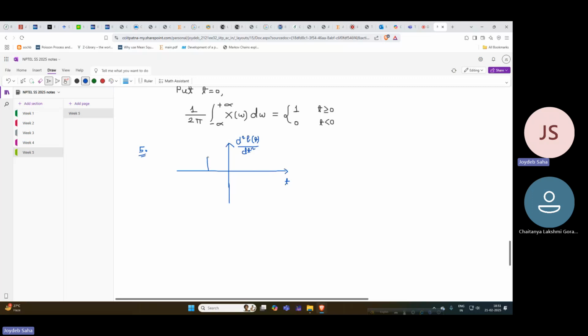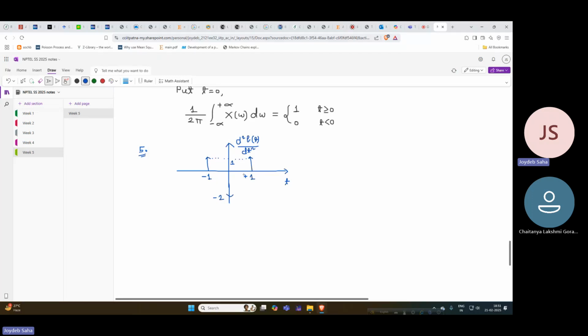Here this is minus 1, this is plus 1, and this is minus 2, and these values are 1.